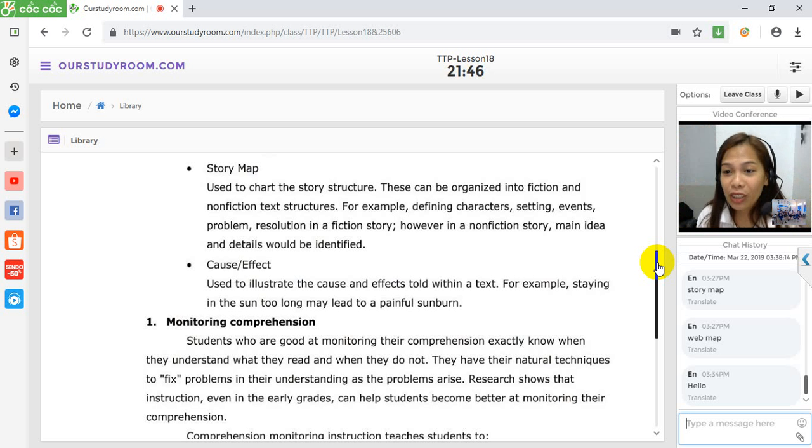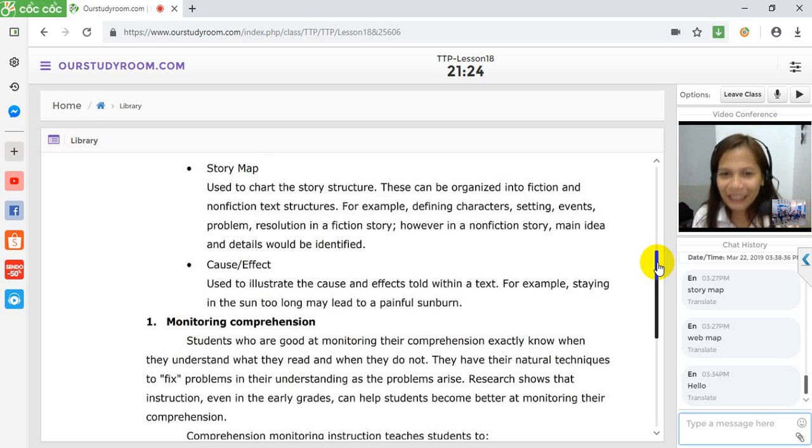And of course, in metacognition, you have to check your own understanding. So you as a teacher have to teach them how to check their understanding when it comes to reading. So you keep on asking them questions.